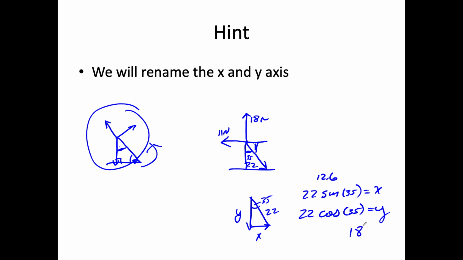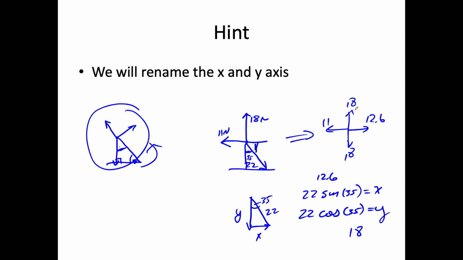Y is going to be 18. So draw this again. Now I got components in both x and y. This is 18 going up, 18 going down, 11 going to the left, and 12.6 going to the right.